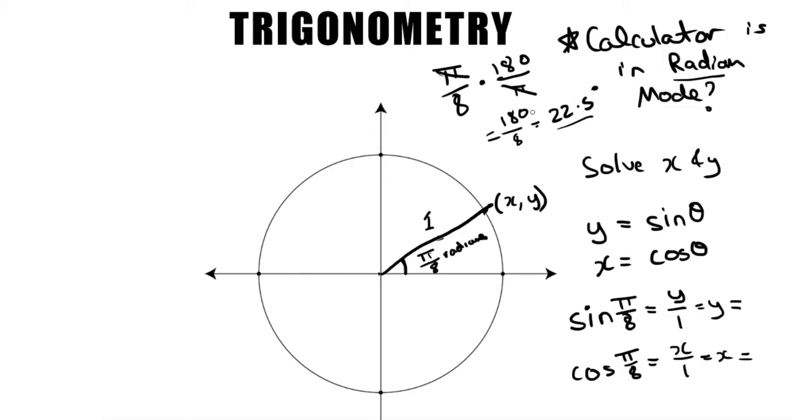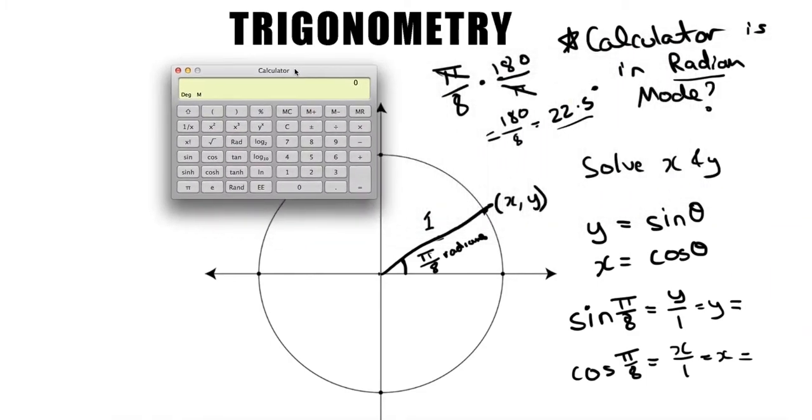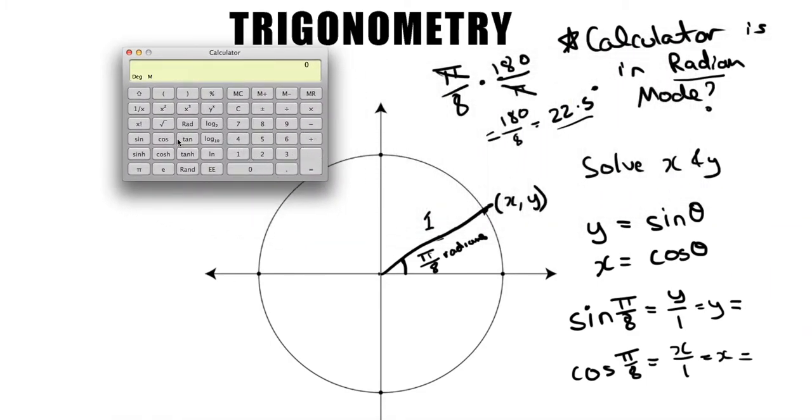Okay. And now I can just use degree mode and solve for that in my calculator. So the sine of 22.5, oh, whoops. So sine of that is about 0.38.